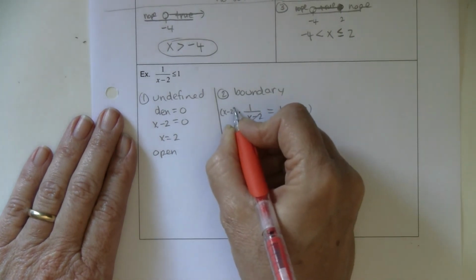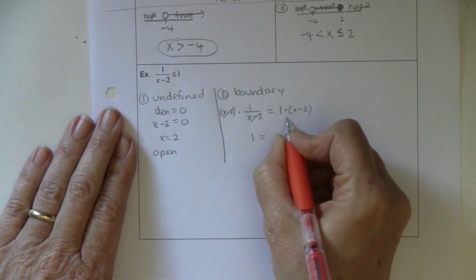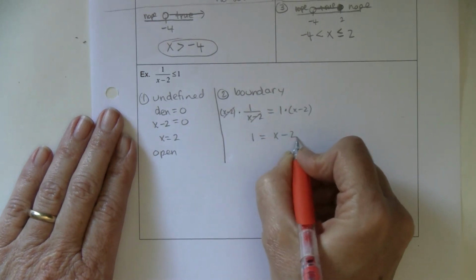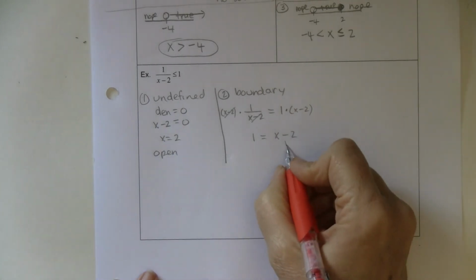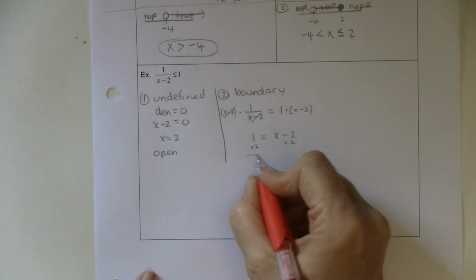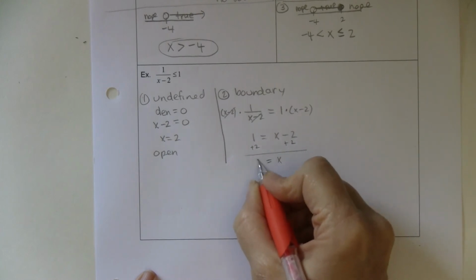So when the dust clears, I get 1 equals, and when I distribute, x minus 2. And I can solve that easily for x by adding 2 to both sides. So I took it out of fraction form, and got it into something that's just simply linear, and I'm going to add 2. And I get x equals 3.